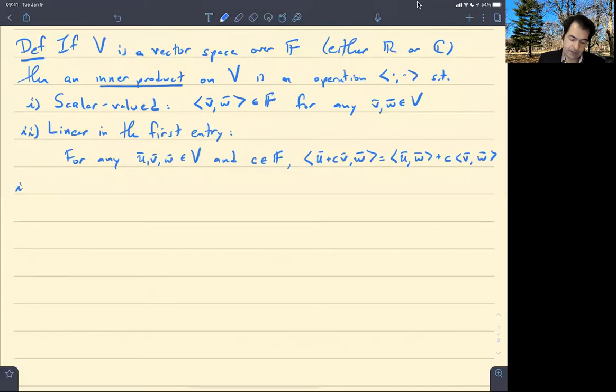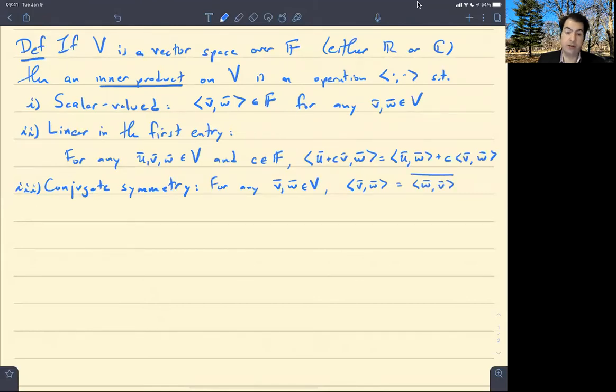Okay. Third, it is conjugate symmetric. Right? So it has conjugate symmetry, which means that for any v, w in the vector space, the inner product of v, w is equal to the complex conjugate of the inner product of w with v, right?